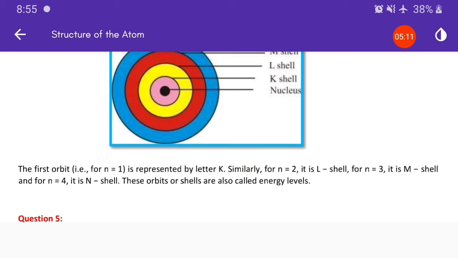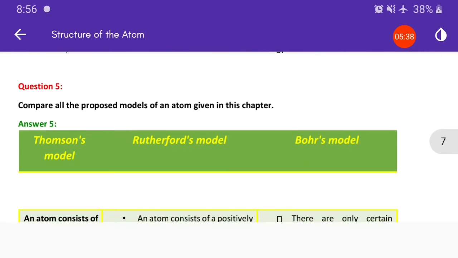The first orbit, n equals 1, is represented by the letter K. Similarly for n equals 2, it is the L shell. For n equals 3, it is the M shell, and for n equals 4, it is the N shell. These orbits or shells are also called energy levels. So this question is very important and you have to prepare this.